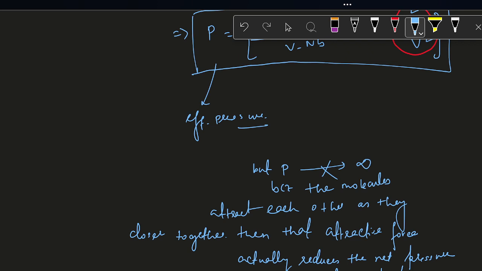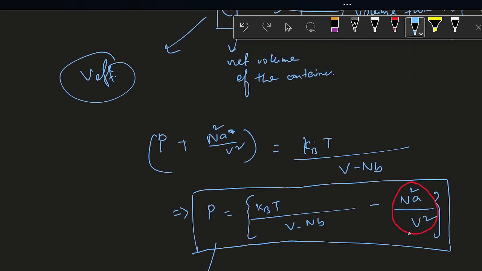And that reduction is reflected, as you see, in the term n squared A by V squared. So the total pressure is decreasing by this factor, which is related to the attractive force acting between the gas molecules, because they are non-ideal or real gas molecules, so they will have a non-negligible attractive interaction between them. They are not like non-interacting hard spheres.